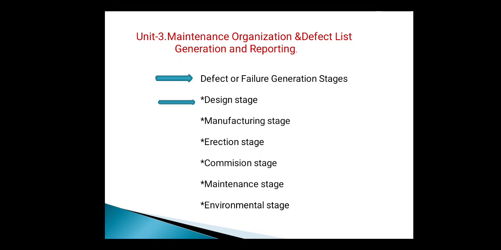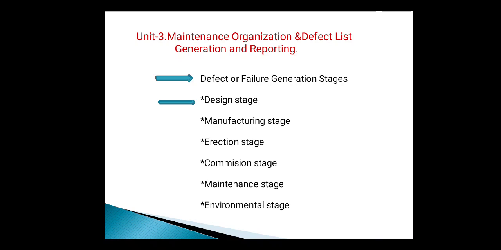What happens if maintenance is not done regularly as routine work? Corrosion may occur, wear and tear may occur because of friction, and finally corrosion or else breakages may occur. So the maintenance stage is also important.